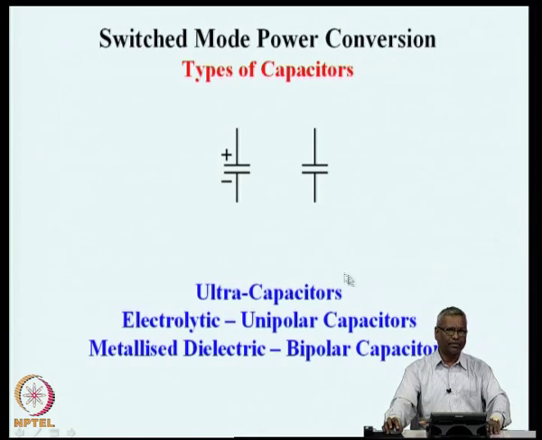They follow a different mechanism of storing energy that is not in the scope of what we are going to see now, but it is good to remember that we have emerging capacitors called ultra capacitors, which have energy densities that are easily orders of magnitude more than the electrolytic capacitors. Electrolytic capacitors have an energy density more than the metallized dielectric capacitors. The ultra capacitors are even better than electrolytic capacitors.